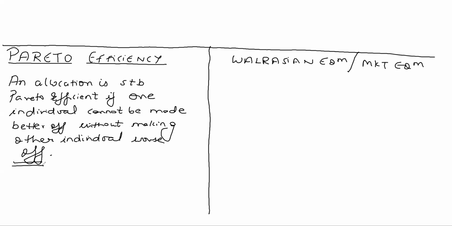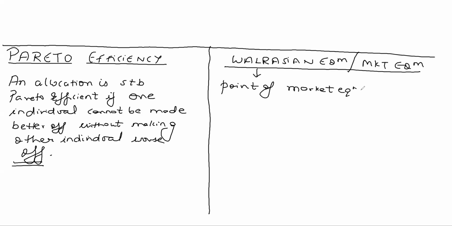You cannot make one individual better off without making another individual worse off. So an allocation is said to be Pareto efficient if no individual can be made better off without making the other individual worse off. Walrasian equilibrium is the point of market equilibrium where both the agents A and B will actually consume.